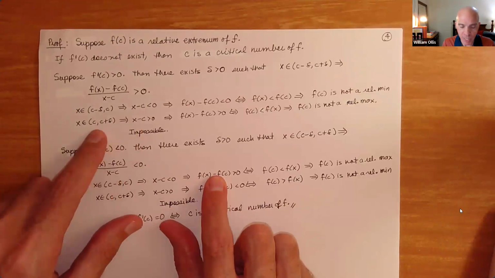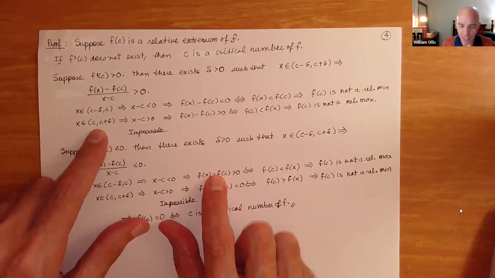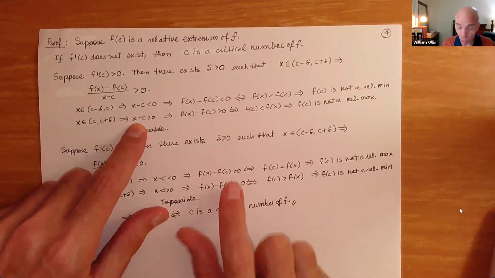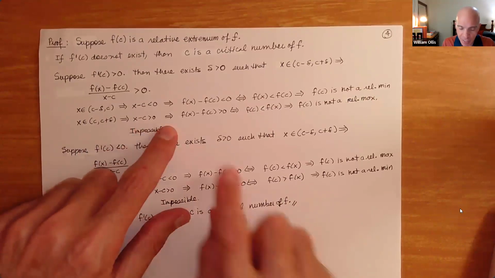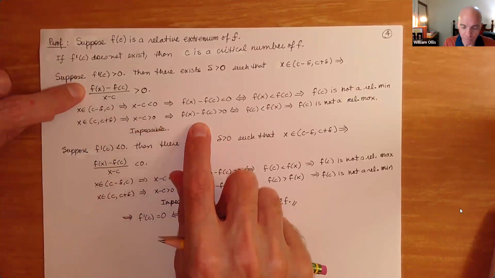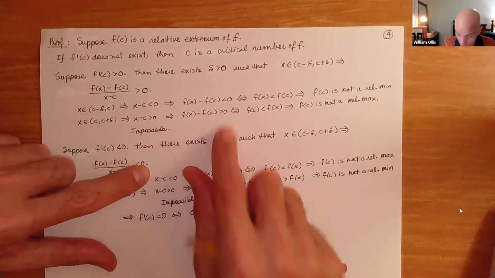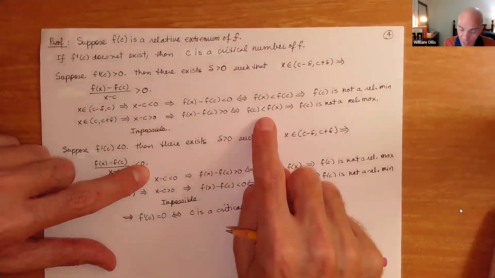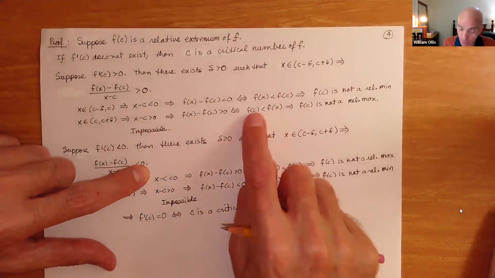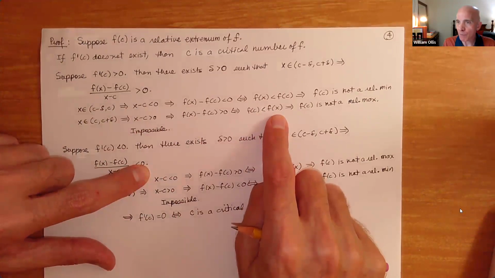Now, of course, if x is to the right of c, the quantity x minus c will be positive. And then as we look up here at the difference quotient, that would mean that the numerator must also be positive. So f of x minus f of c is greater than 0. Now, if you transpose, you'll see that f of c is less than f of x.